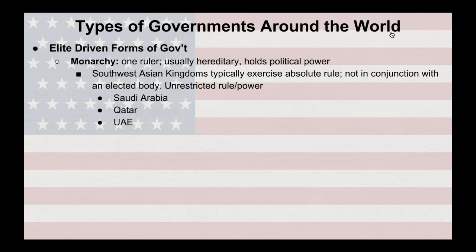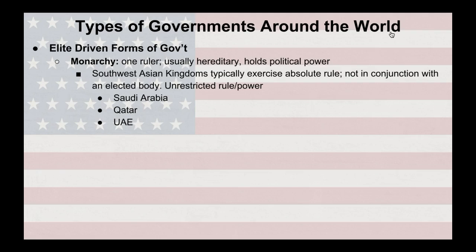And so if you look at something in the media in recent months, the killing of the journalist Jamal Khashoggi, it looks as if the Saudi crown prince was the one who ordered that killing, whereas in the United States that wouldn't stand up because the people wouldn't allow it.